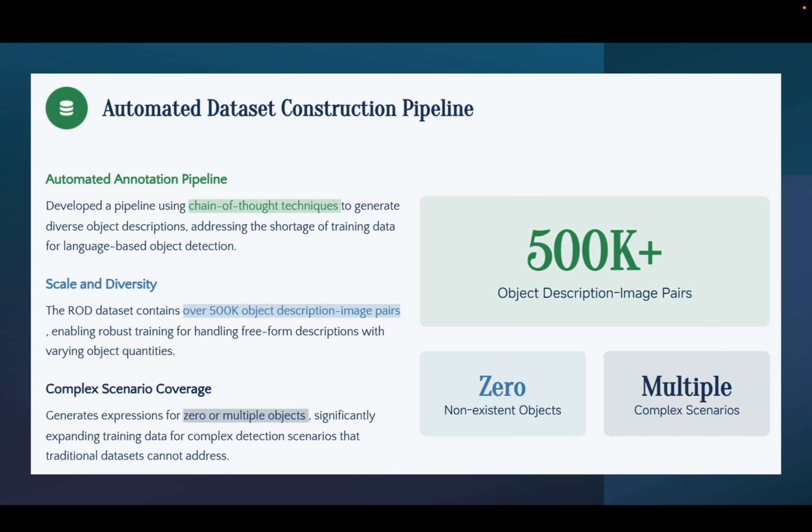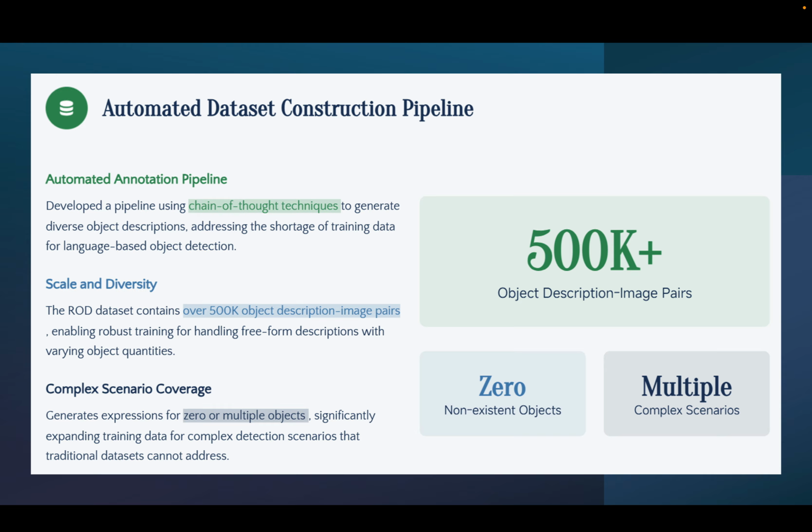Another part that the researchers addressed is a major challenge in language-based object detection: the lack of training data, right? To solve this, the authors built an automated dataset construction pipeline. Using chain of thought techniques, the system generates rich, diverse object descriptions and pairs them with the image regions. This allows the model to learn from far more complex language than traditional datasets provide.